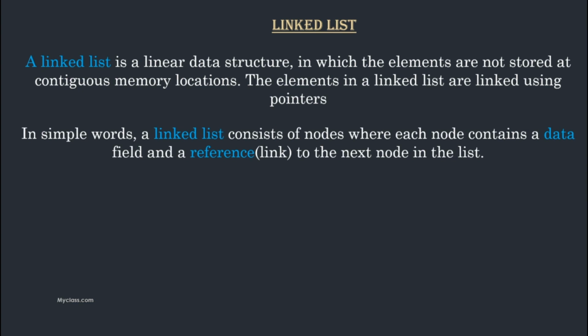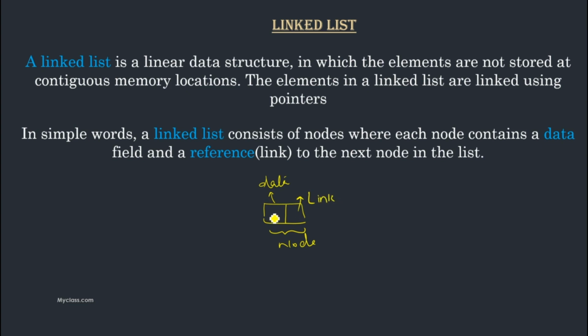So in simple words, a linked list consists of nodes, where each node contains a data field and a reference to the next node in the list. In a linked list, we call it a node. In this node, one data part is there, and also one link part is there.